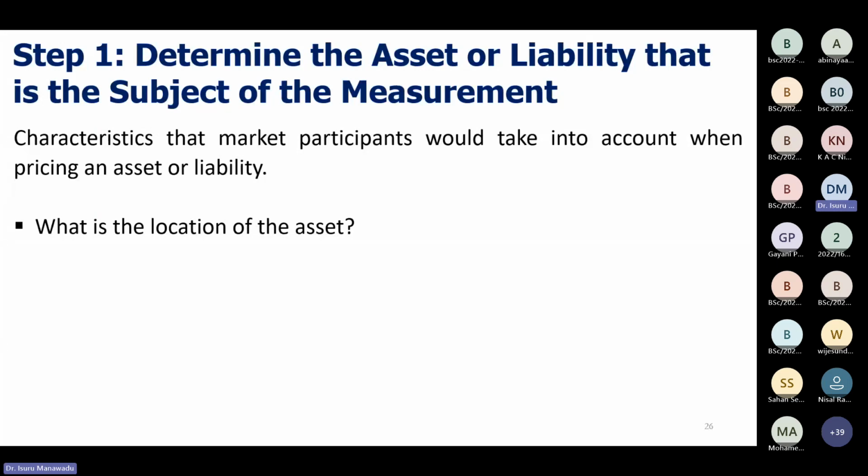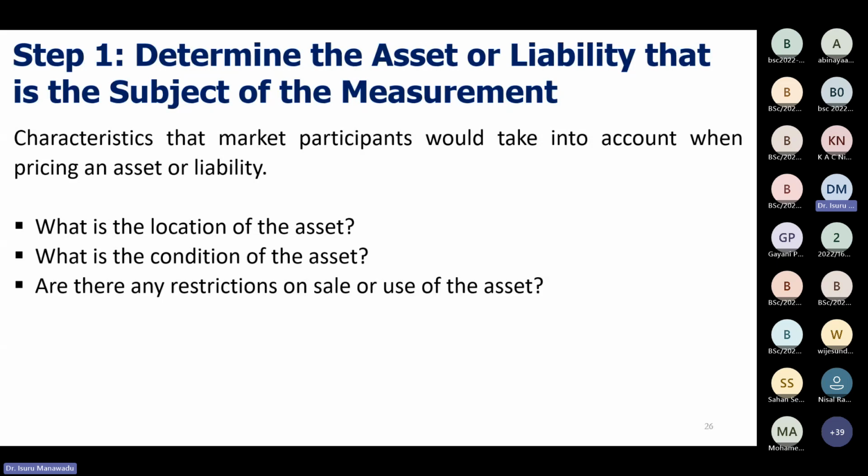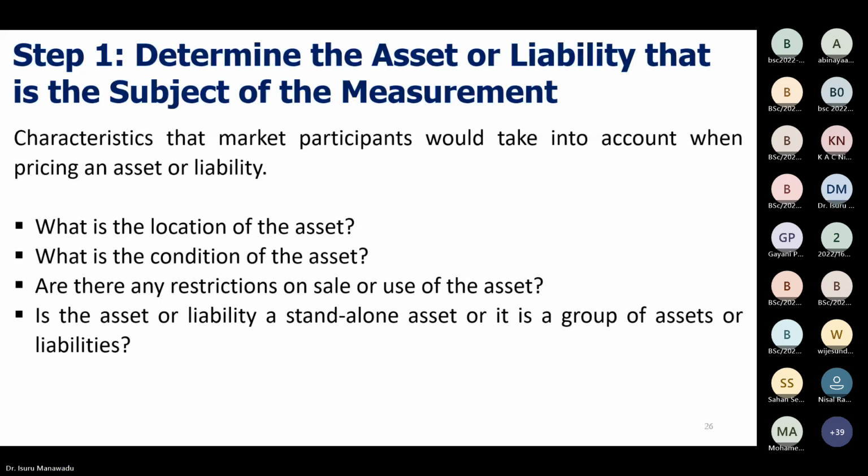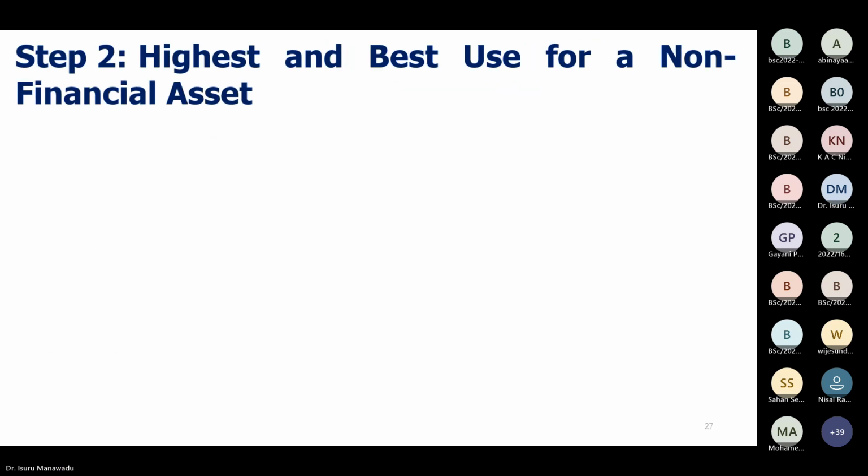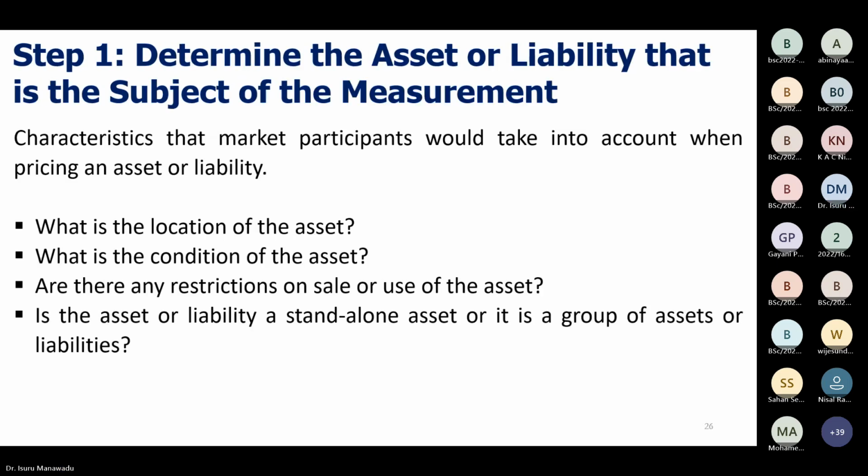The fair value would be based on the location of the asset, condition of the asset, any restrictions on assets, right? Is the asset or liability a standalone asset or a group of assets? So these conditions would be factors for measuring assets or liability.